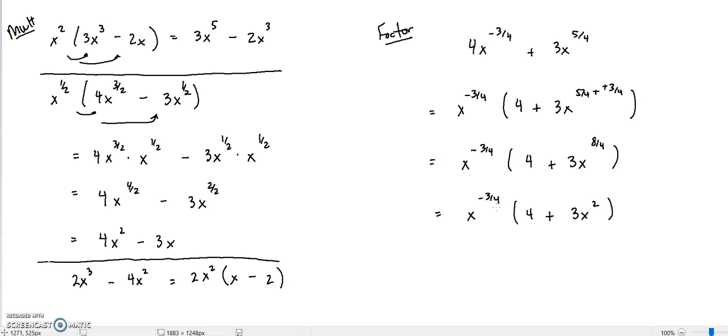Okay, so usually when we're factoring, we're trying to factor the messy part out, like the radical, the negative, all that sort of stuff, and hopefully what we're left with is something that we can work with. So 4 plus 3x squared is much nicer. It doesn't always work that way, but that's what we're trying for. So in your homework, when they say factor, try taking the negative out and then see what you have left. And it should work out. They gave you some pretty straightforward ones. Okay, so that's operations with radicals.